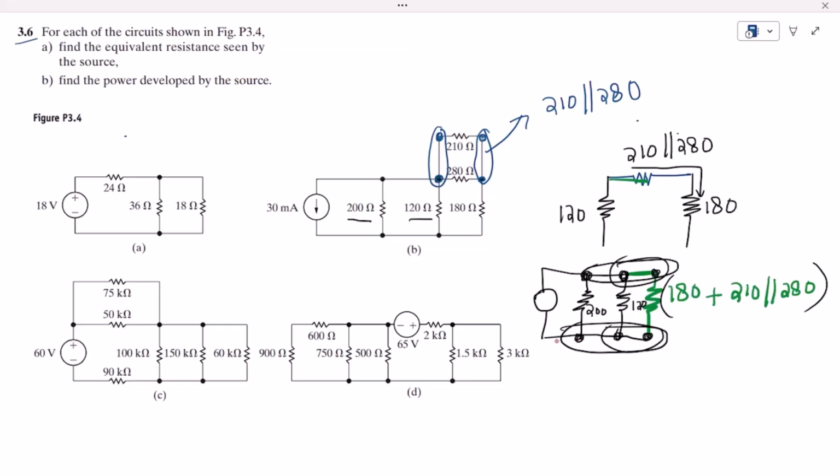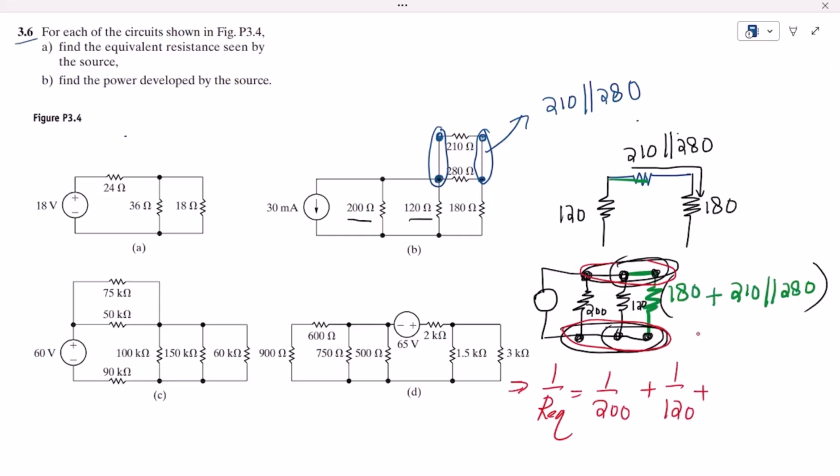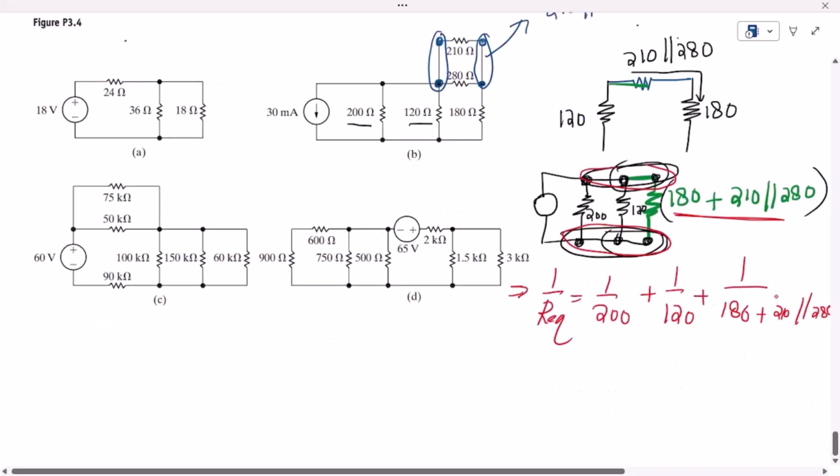The R equivalent will be: the first resistor is 1 over 200, the second is 1 over 120, and the last is 1 over 180 plus 210 in parallel with 280. So this is what we have.